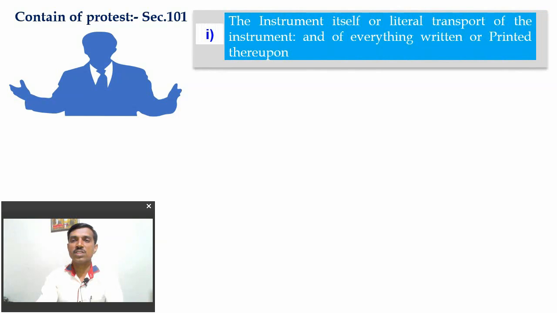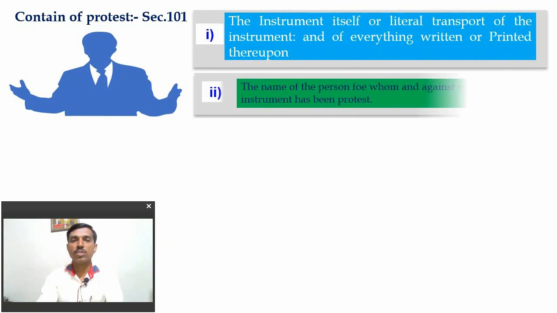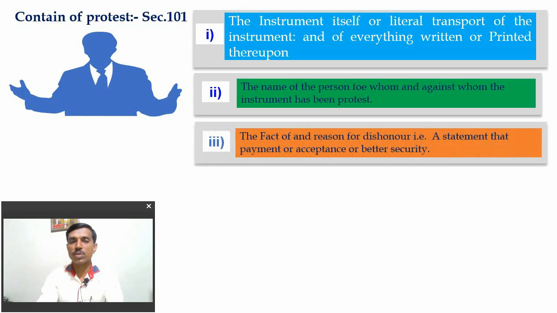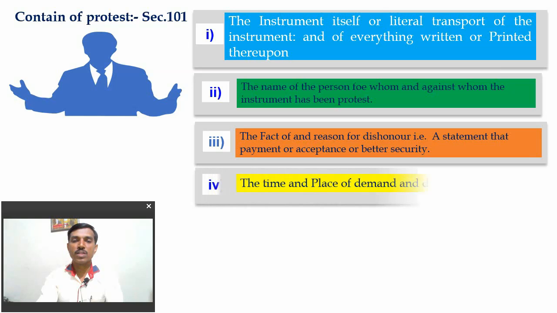Second, the name of the person for whom and against whom the instrument has been protested. Third, the fact and the reason of dishonor: a statement that payment or acceptance, or better security, was refused, and the statement is also required. Fourth, the time and place of demand and dishonor, when and at what time the negotiable instrument was dishonored.